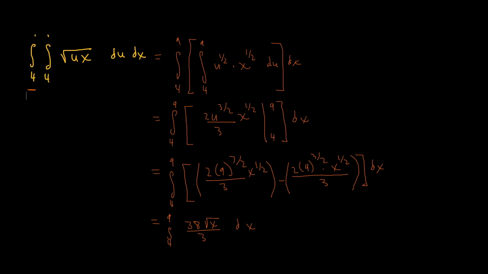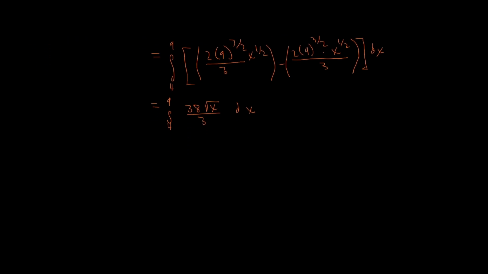The fraction 38 over 3, I'm going to bring it to the front. And I'm just going to bring the boundary right here, 4 to 9. And when I bring this to the front, I'm left with the square root of x.